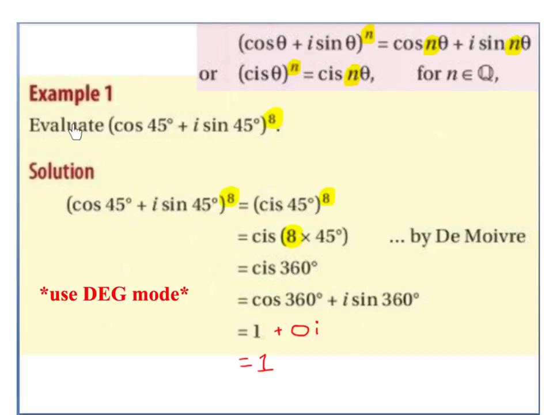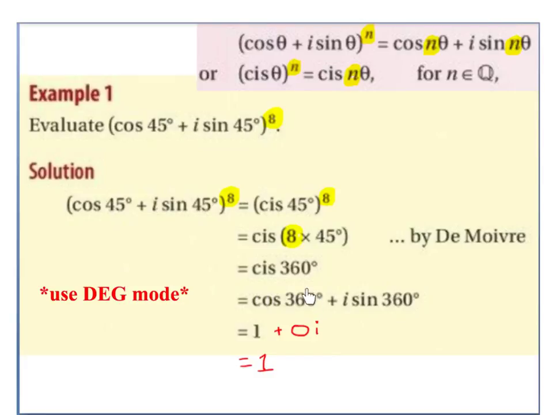Example, evaluate (cos 45° + i sin 45°)^8. So (cos 45° + i sin 45°)^8 is equal to cis 45° to the power of 8, which equals cis(8 times 45°) by De Moivre's theorem, and 8 times 45 is 360, so we get cis 360°, which breaks apart to give us cos 360° + i sin 360°.